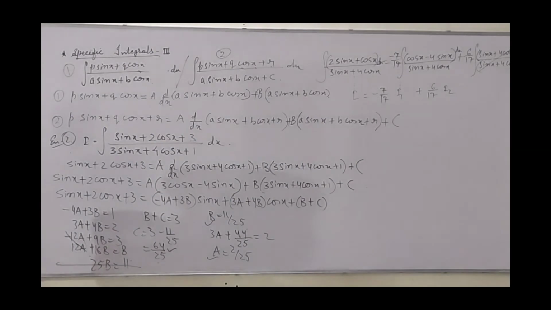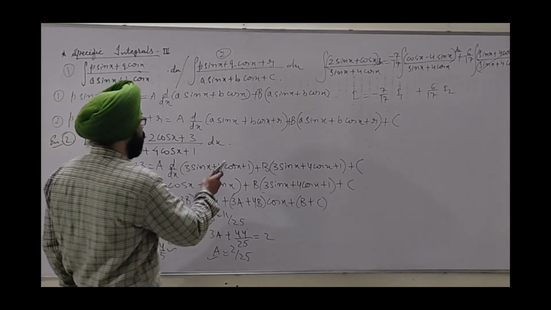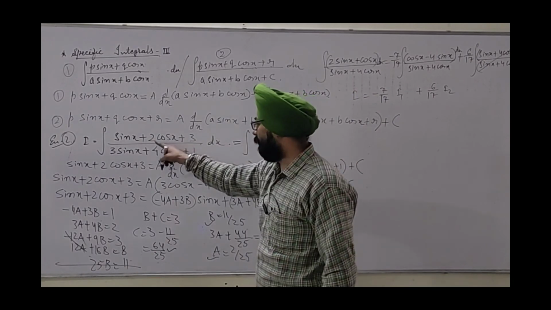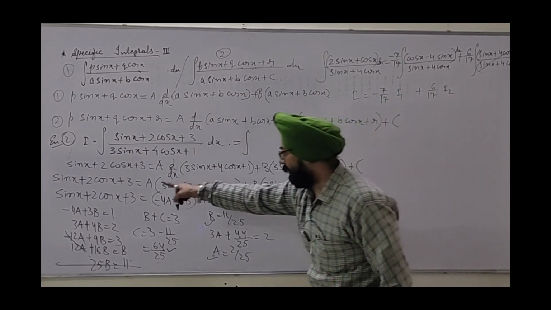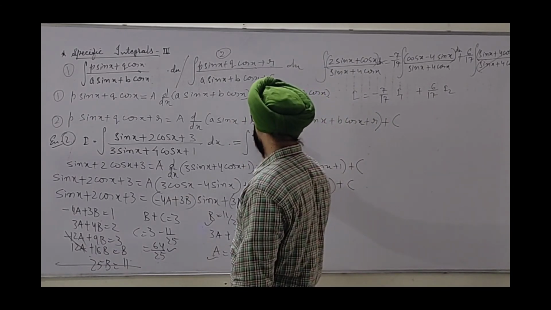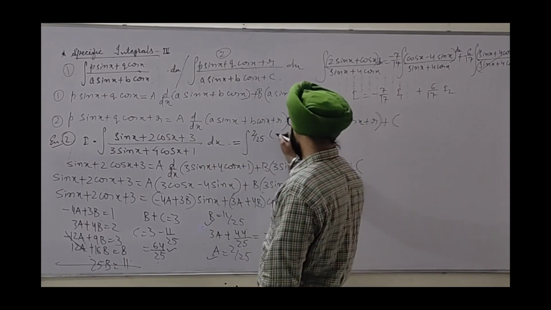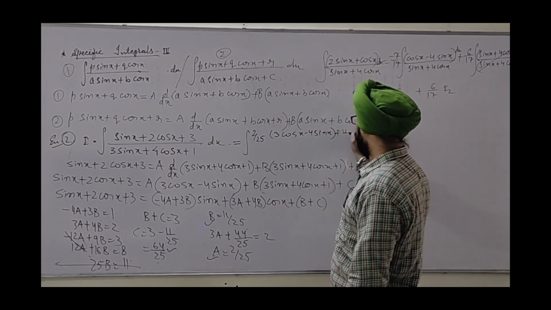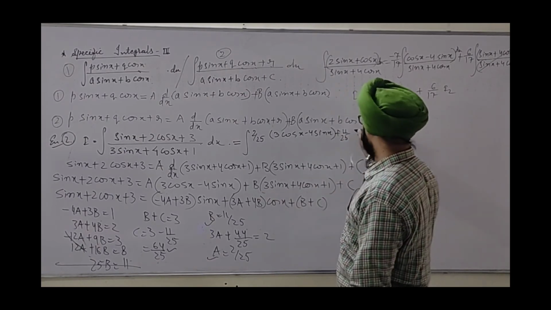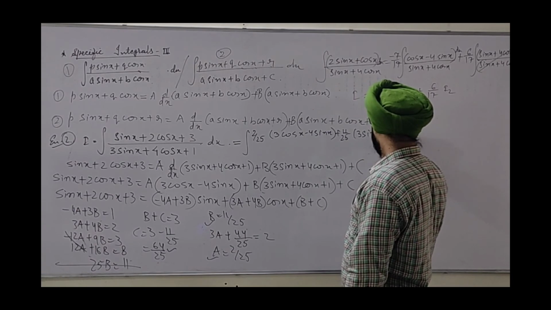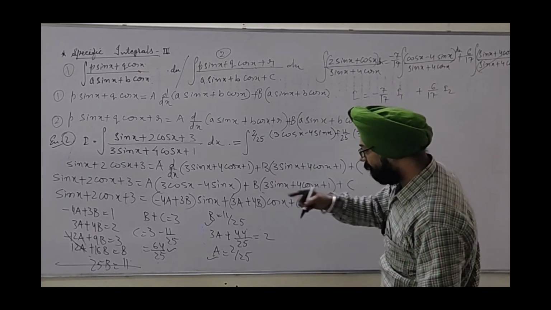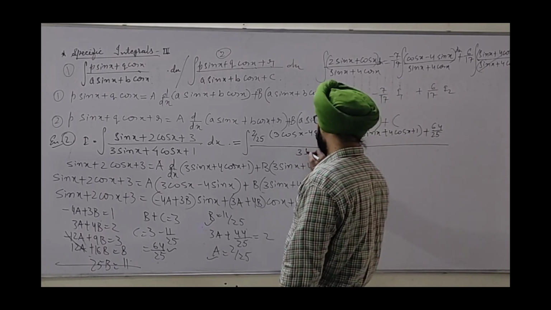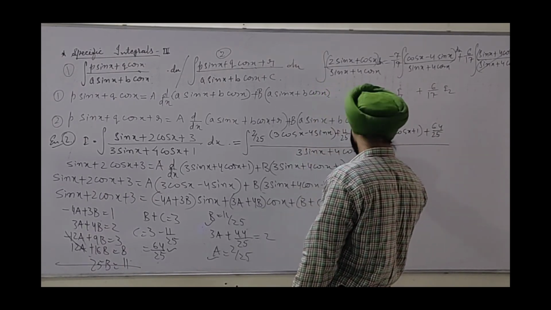This way we can split up the numerator. If I split up the numerator, then this integral can be written as, in place of the numerator, 2 by 25 multiplied with the differentiation of the denominator, means 3 cos x minus 4 sin x, plus 11 upon 25 multiplied by the denominator itself, and the third constant, 64 by 25, all divided by 3 sin x plus 4 cos x plus 1 dx.